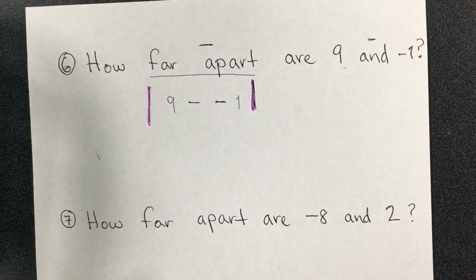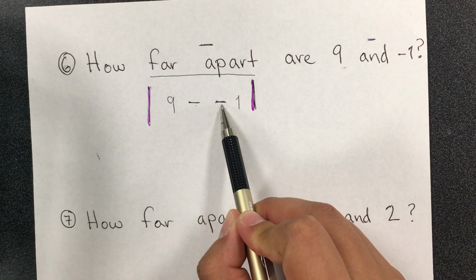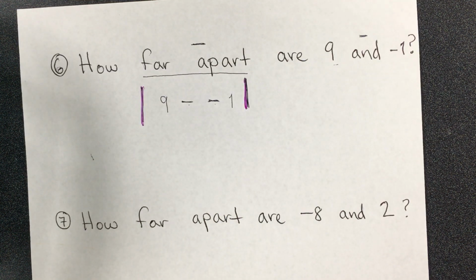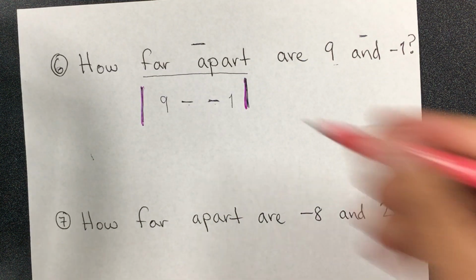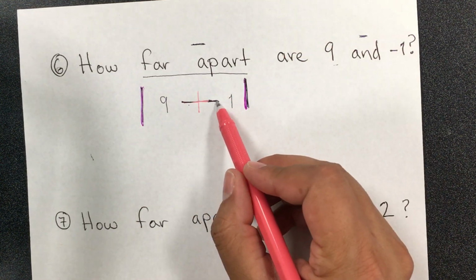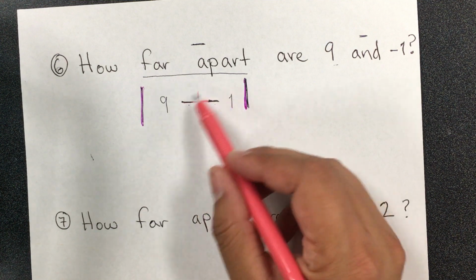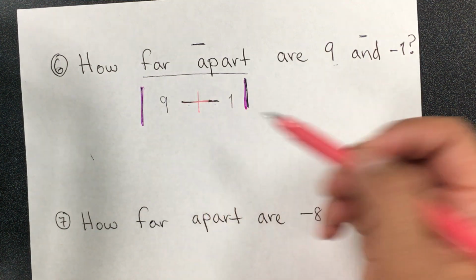Okay, and we know that negative and negative together make the big plus. So make sure that you make it so big that you don't get confused, and that way that plus becomes the sign of the second number, which is the +1 now.